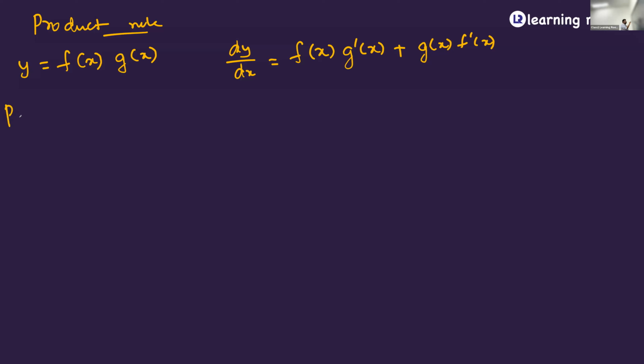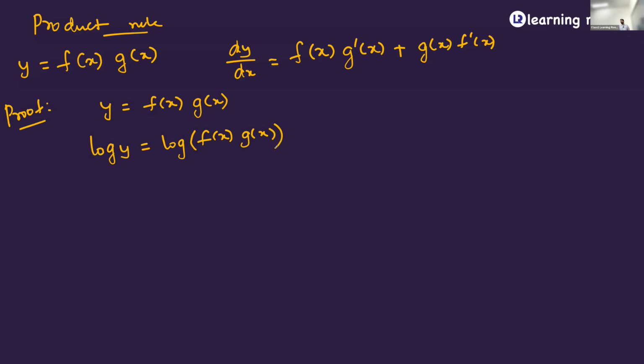For that, I'm going to take the help of the tool, logarithm. For example, y is equal to f of x into g of x. I can write this as log y is equal to log of f of x into g of x. Make sense?